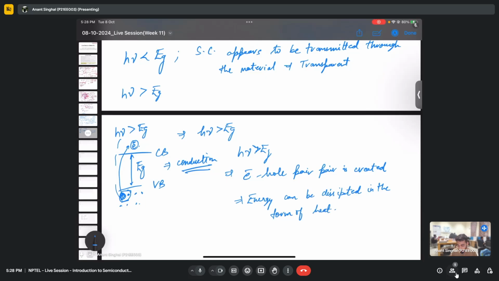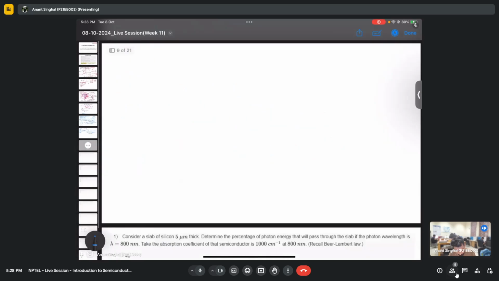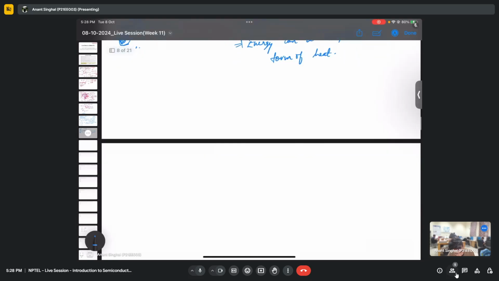So this is what we consider with respect to the photons, and we have a criterion which we call the intensity of the photon. This is the measure of the energy once we throw photons on any semiconductor surface.